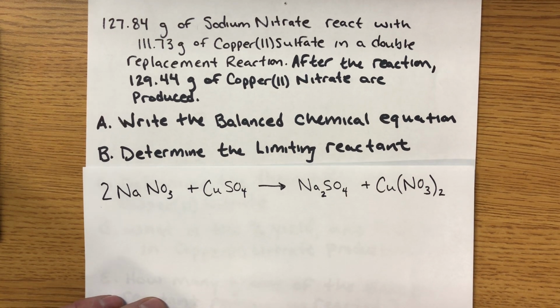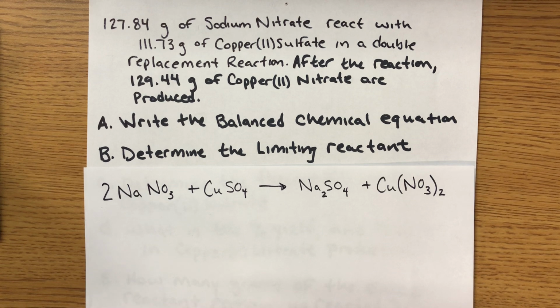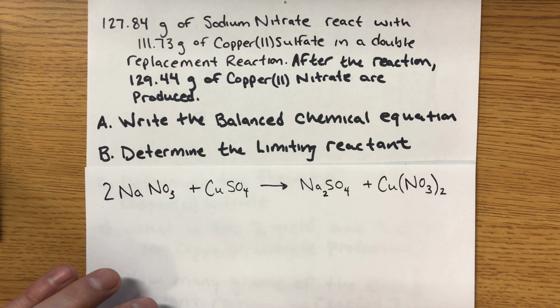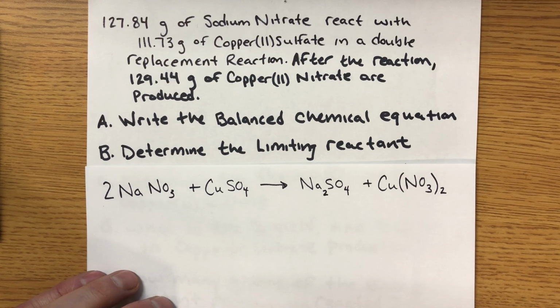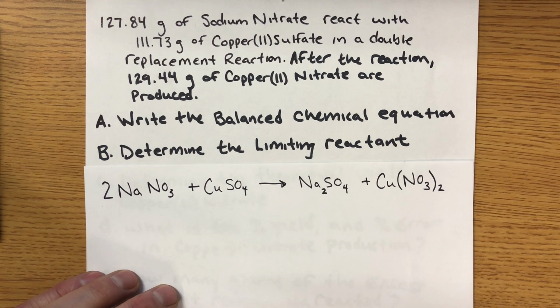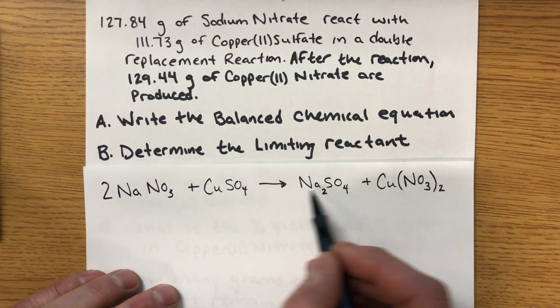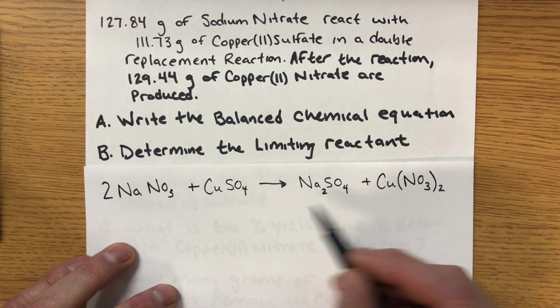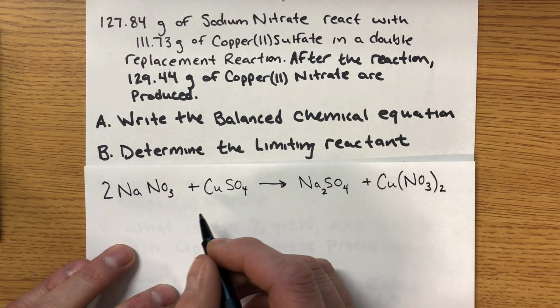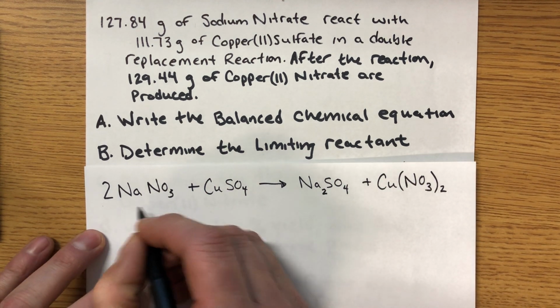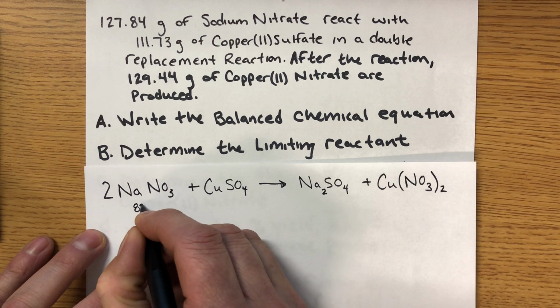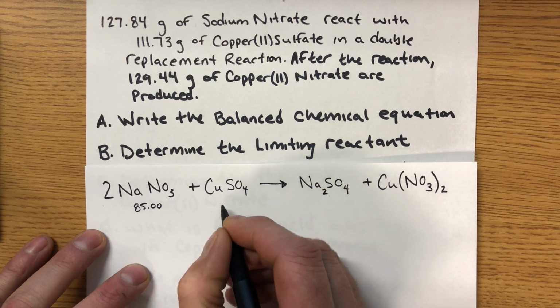Oh boy, so this is where the work starts, right? So I think the best thing you can do at this point is to calculate the molar masses of these compounds and write them beneath the chemical formulas, because you're going to use them all in this problem. So I've done this already. This is 85.00 grams per mole.